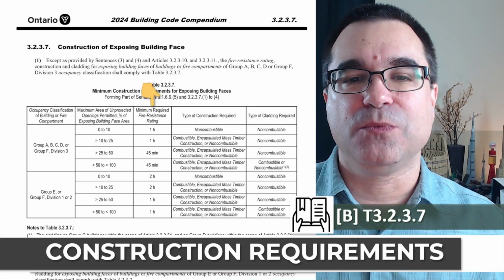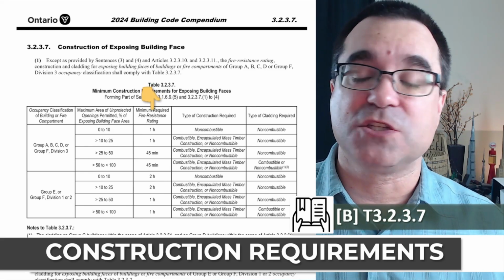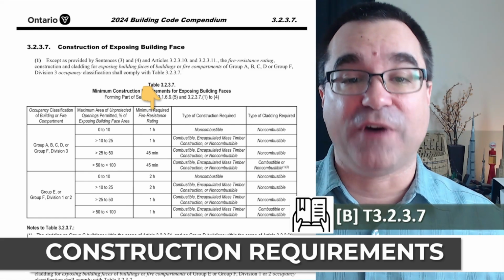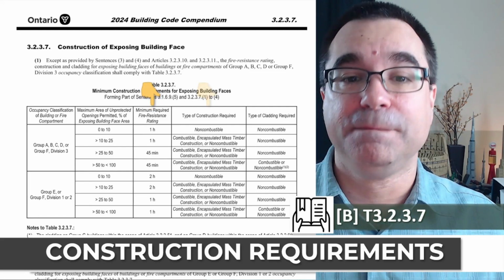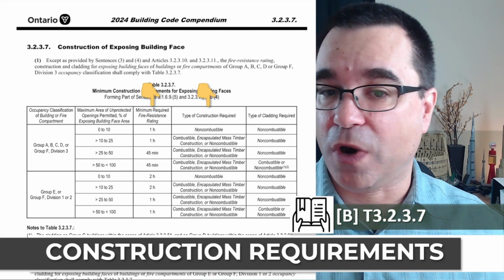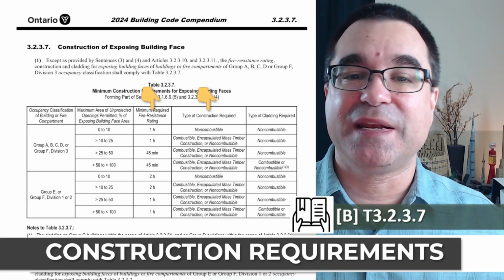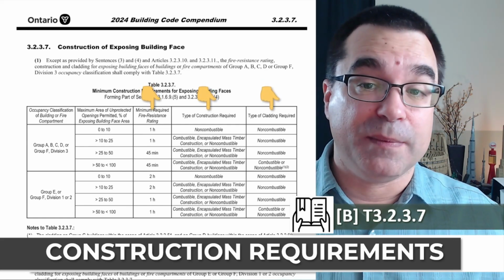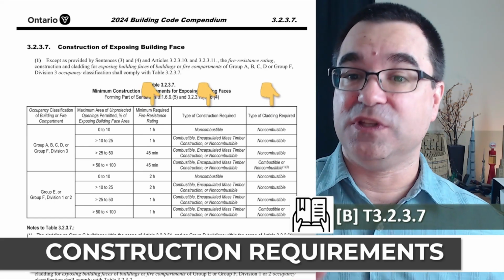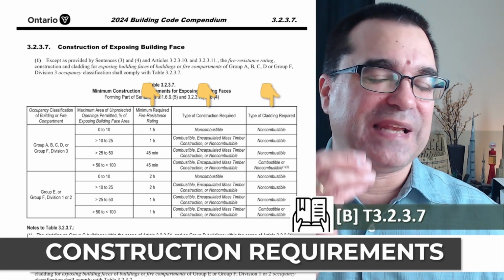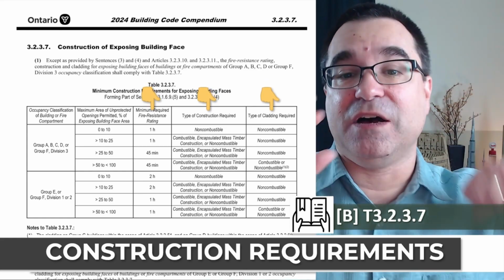And you'll see, starting with the middle column, it contains the construction requirements, including the fire resistance rating in the middle column, the type of construction required for the structure of that exposing building face, and the type of cladding required for the skin, because that's what the cladding is. It's the skin of the building for that exposing building face.